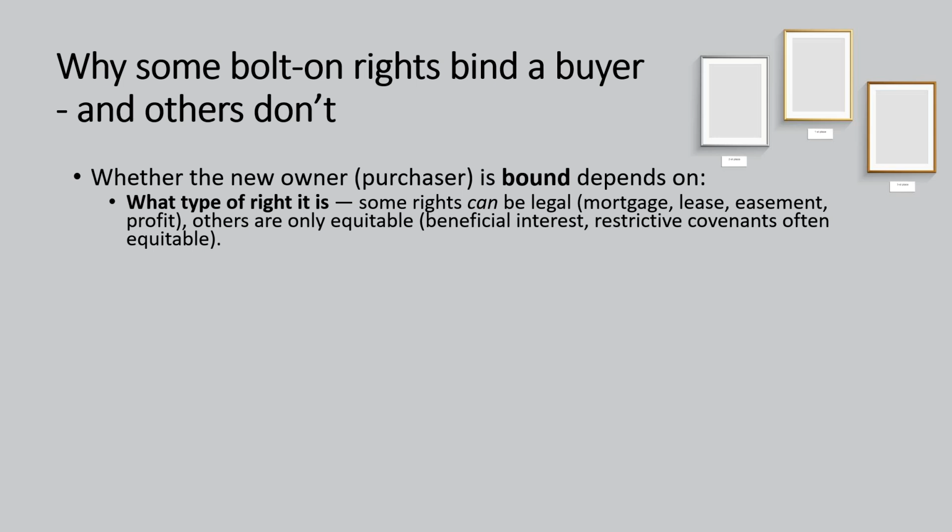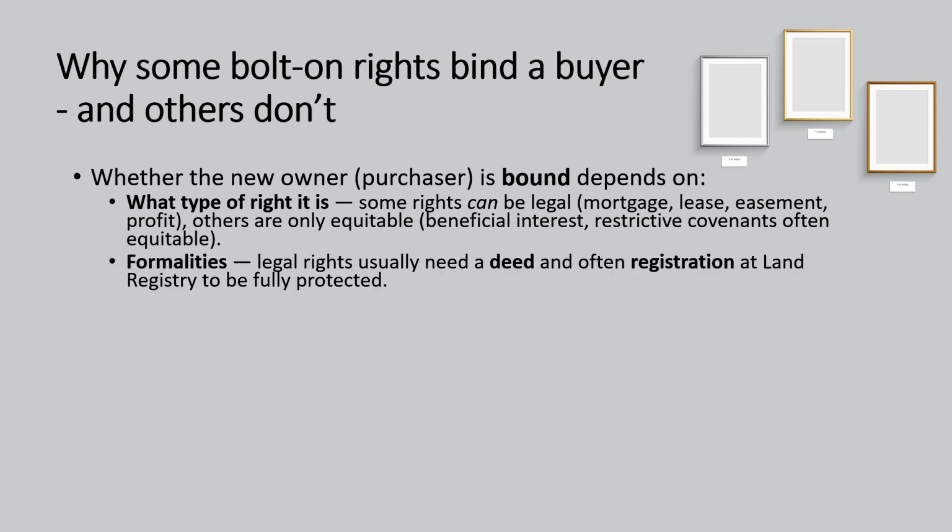That should be your first step if you have a problem question: try to identify whether it's a mortgage, a lease, an easement, or a profit, because those are the ones that are able to be legal and to bind purchasers in law, whereas others can only ever be equitable, like restrictive covenants or other beneficial interests.